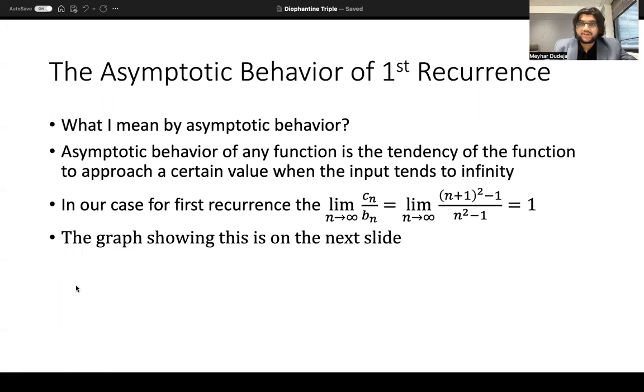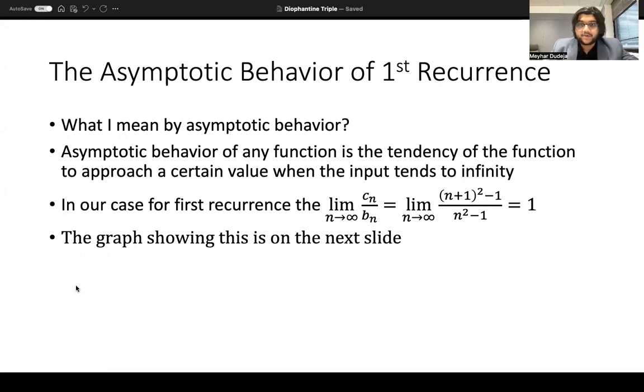Now, I was interested to see where this is leading. The asymptotic behavior of this recurrence is also very interesting. What I mean by asymptotic behavior is that if you put n equal to infinity, what is the prospective change in the behavior or the ratio of the Cn and the Bn terms, because they are the ones that are varying?